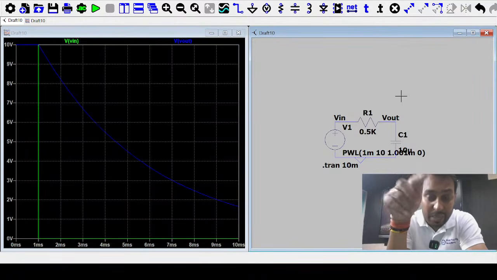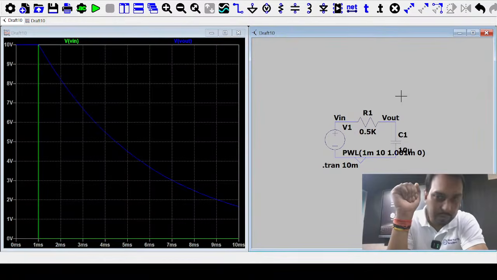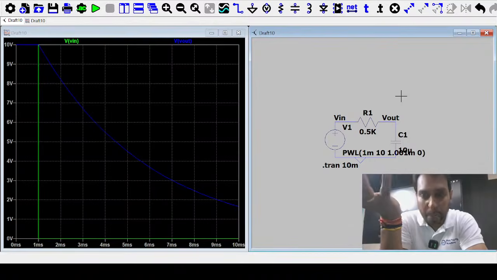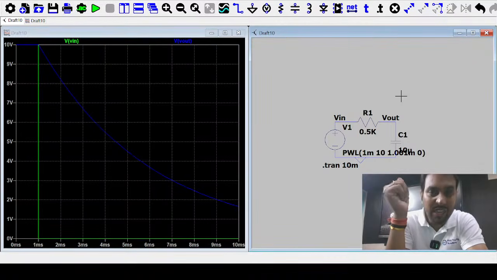As the capacitance value is larger, I by C is small, so dV out by dt is small. So V out decreases, but it does not decrease as fast as in the previous case, because now the capacitance value has increased and the tau is larger, so I by C is very small.